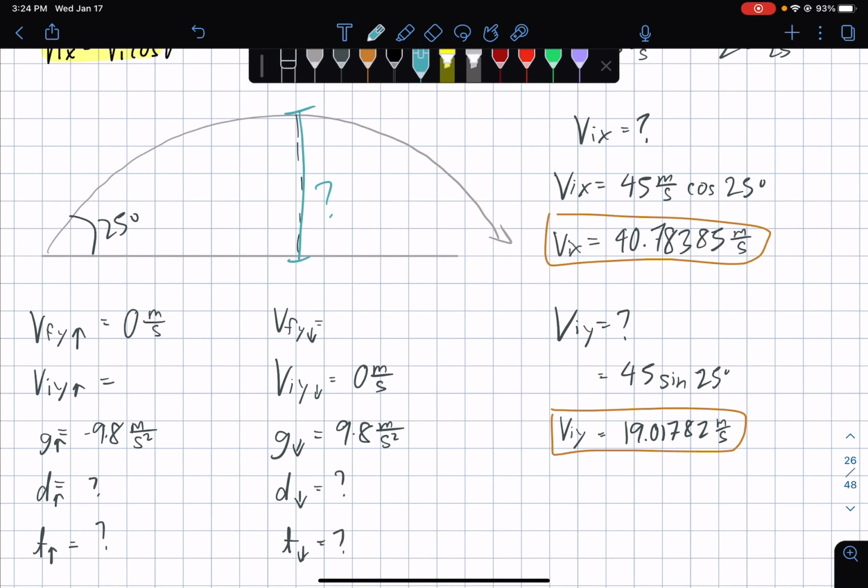Okay, I just wanted to say that the VIY going up and the VFY going down are the same value.